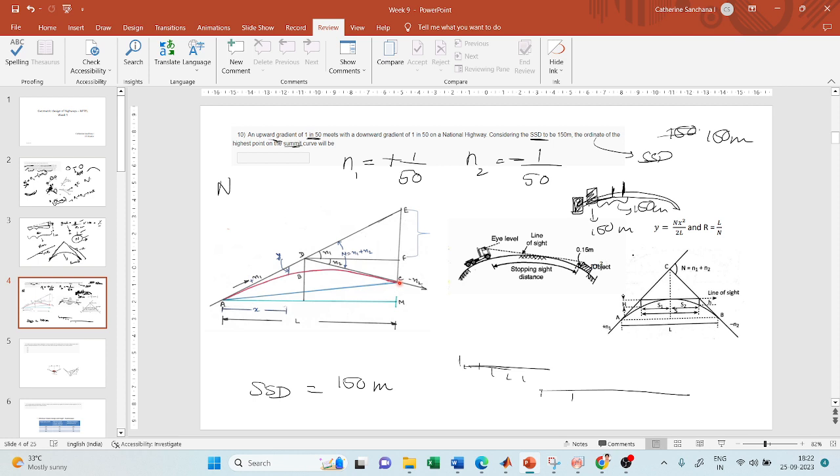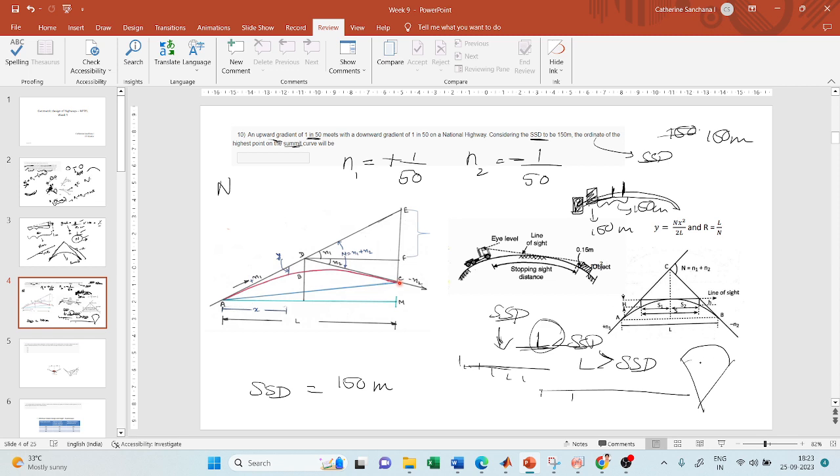Even for horizontal curves, we saw when we studied SSD, we calculated it based on two formulas: one for length of the curve less than SSD and one for length of the curve greater than SSD, right? In that case, finding out the length of the curve was not a problem because it was just a circular curve with a constant radius.